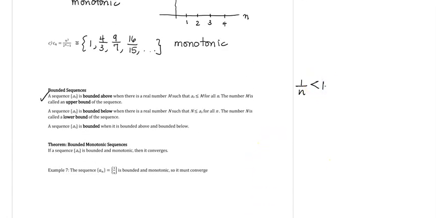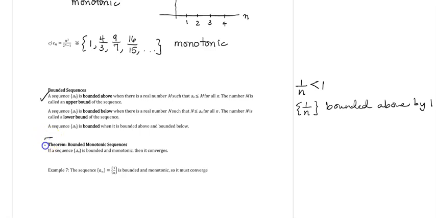Remember, we're working with natural numbers here. So I know that the sequence 1 over n is bounded above by 1, because as we plug in natural numbers n, every term of the sequence will be smaller than 1.